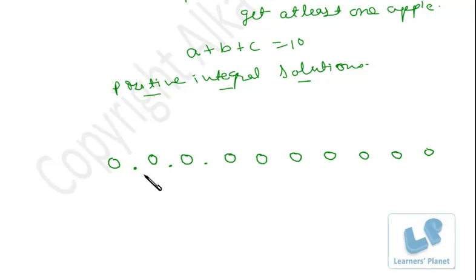If I choose any 2 gaps, I'll be able to make 3 partitions, right? Suppose I choose these 2 gaps. So I'm able to make 3 partitions, that is 1, 2 and 3, right? So A will get 2 apples, B will get 4 apples and C will get 4 apples, right? If I choose another 2 gaps, suppose this and maybe this, so it's 4, 2 and 4, right?